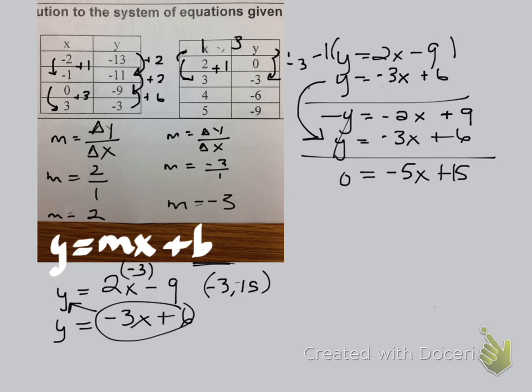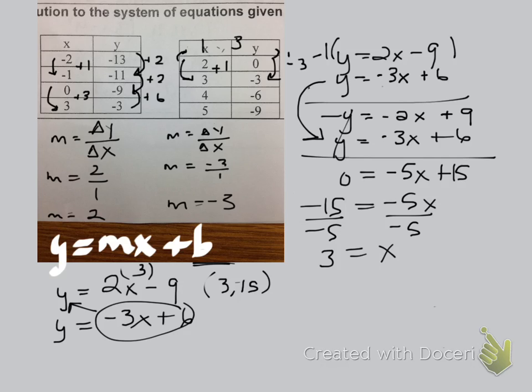Subtract 15. Equals negative 5. Divide both sides by negative 5. x equals 3. Oh, should this one be positive 3 on the other one? Yeah, I wrote negative by accident. Sorry, I was throwing myself off because I threw it negative. Okay, so x equals 3.